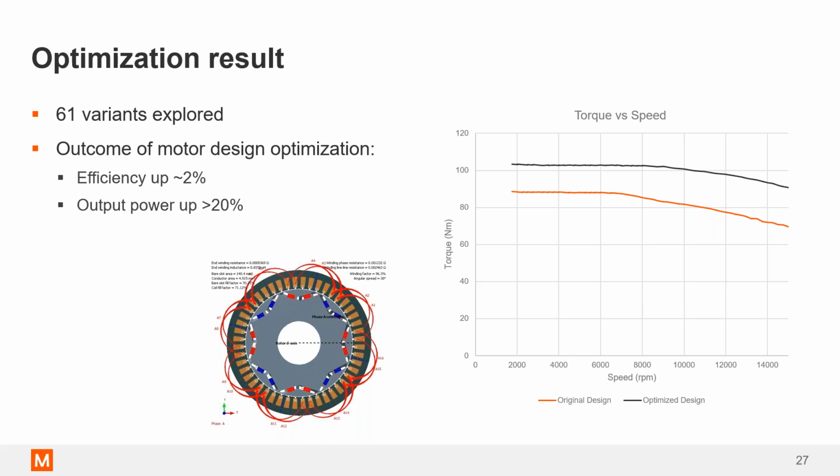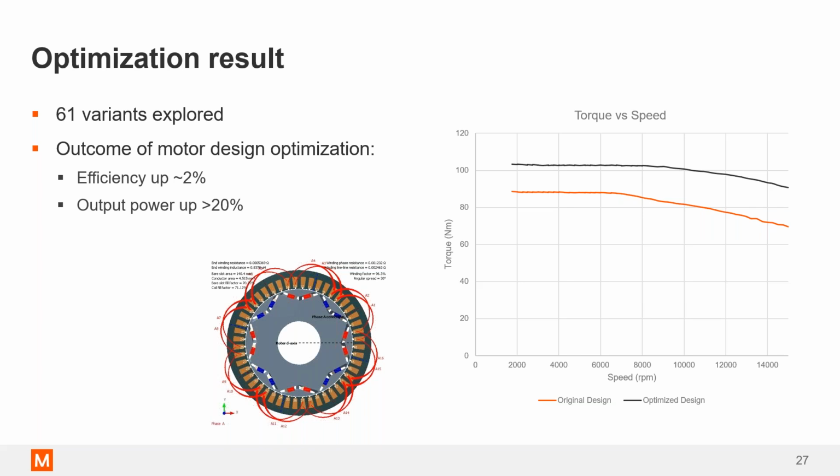We found a way to push the output power up 20% at maximum power. Now, in this case, it moved the maximum power speed a little higher up the speed torque curve, but that was acceptable to us. That's why we didn't force that as a constraint in the exploration. And we saw a slight efficiency boost, about 2% at max efficiency.